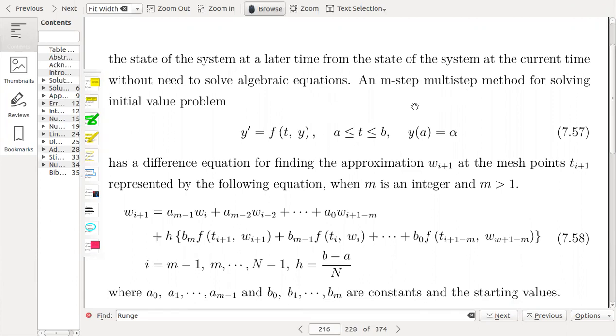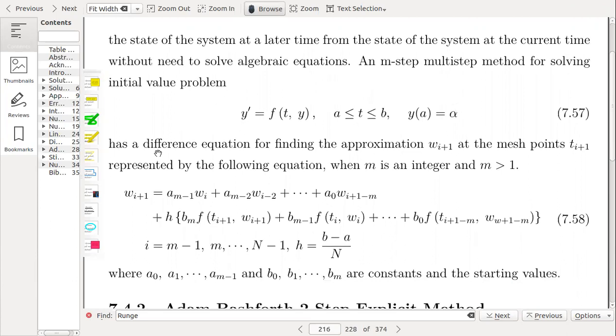So an m-step multi-step method for solving an initial value problem is given as a difference equation for finding the approximation w i plus 1, or we can say y i plus 1, at the mesh points. These mesh points are basically the points at which we need to calculate this initial value problem.